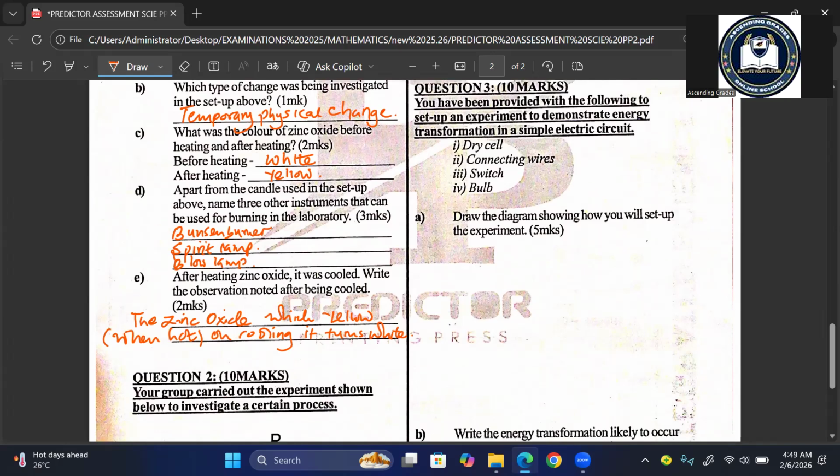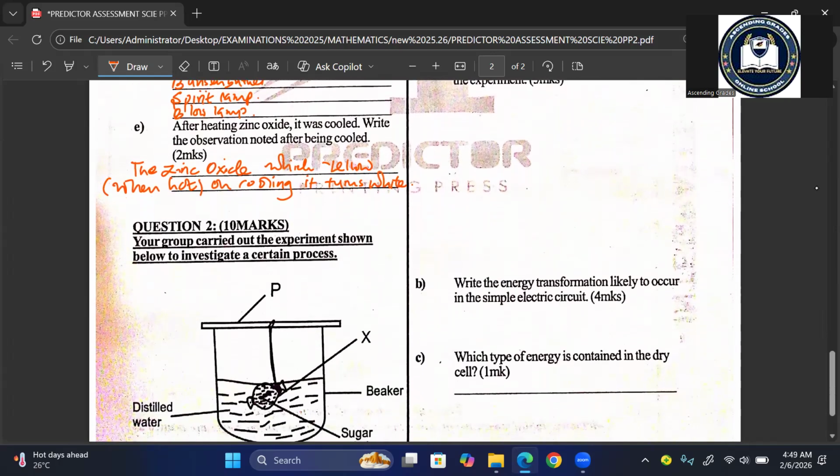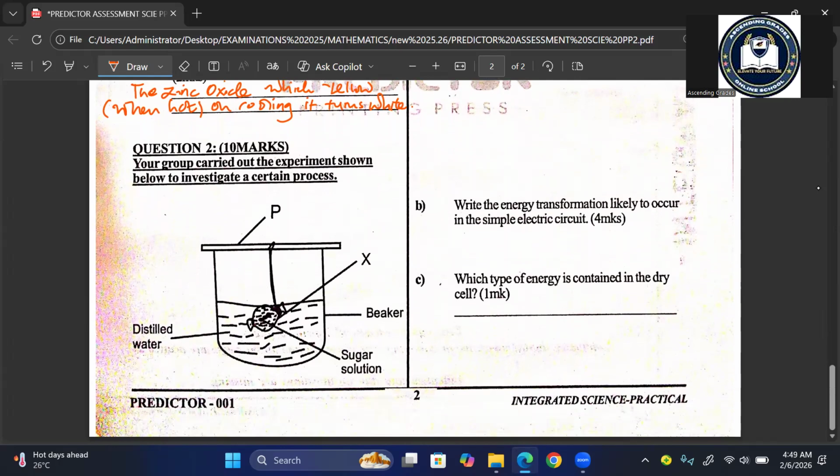We have our question 2. Your group carried out the experiment shown below to investigate a certain process. Then you can see we are having distilled water. We have something X that is containing sugar solution.